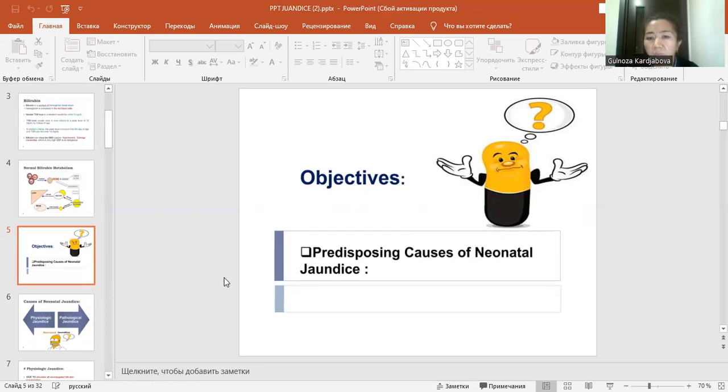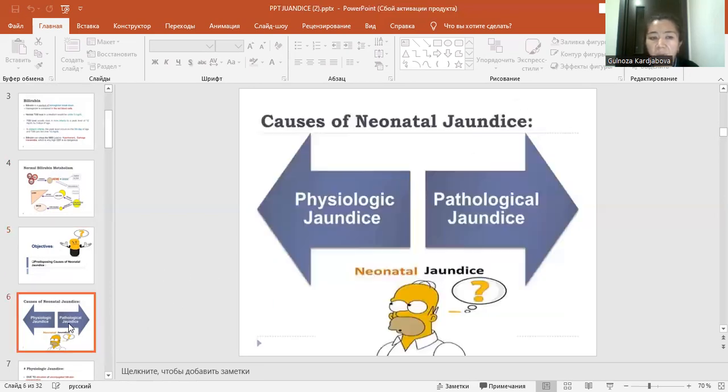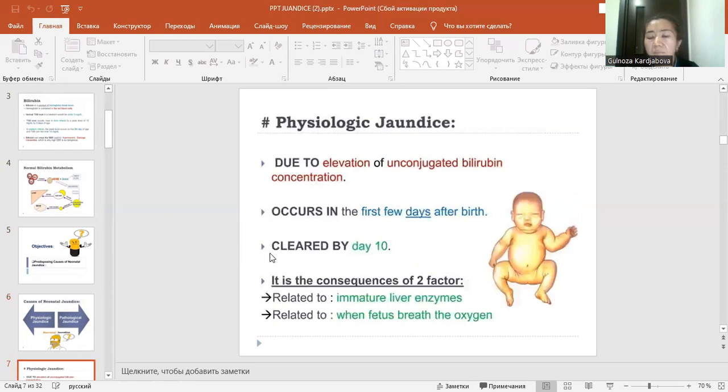Objective: predisposing causes of neonatal jaundice. We have pathologic and physiologic neonatal jaundice. Let's discuss physiologic jaundice first of all. It is due to the elevation of unconjugated bilirubin concentration, occurs in the first few days after birth, and clears by day 10.